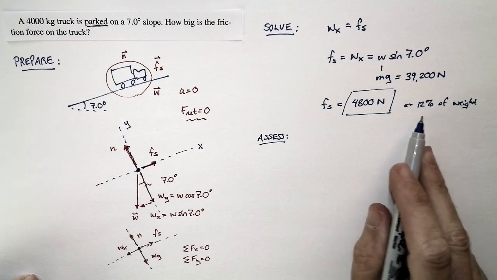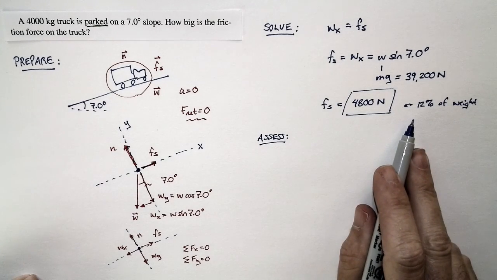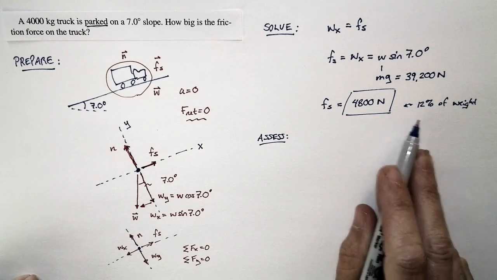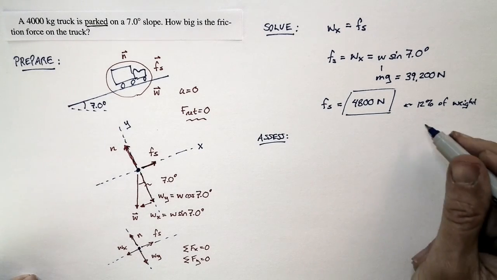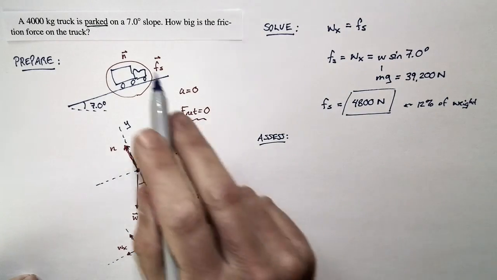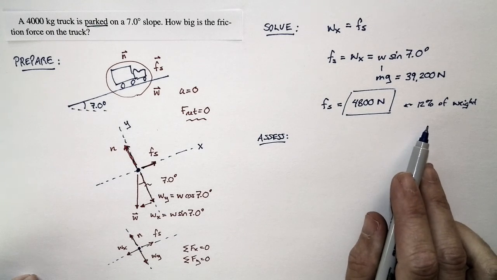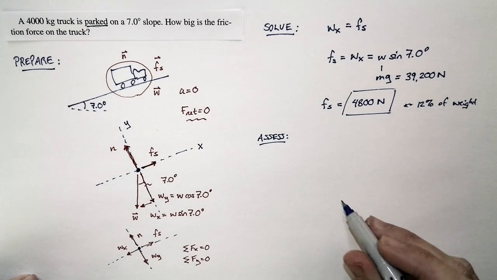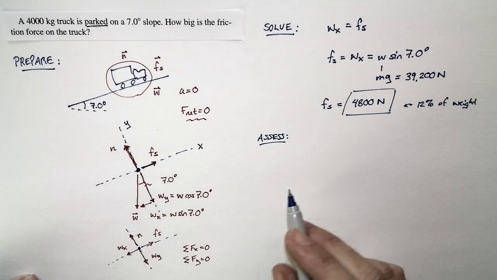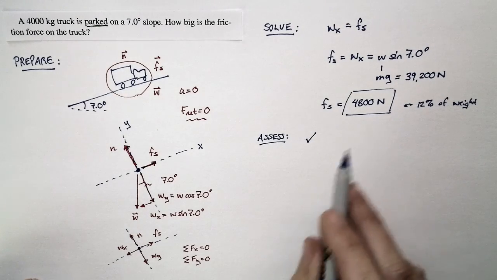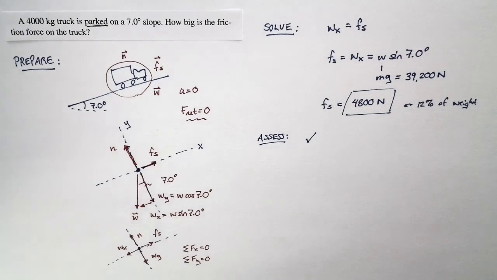And so we expect the friction force to be a significant fraction of the truck's weight, but not a huge one, not half the weight or all the weight or something like that. So 12% of the weight seems reasonable for a slope like this. It's going to be some significant but not huge fraction of the truck's weight. And so our assessment is that our final answer matches our expectations of how the world works.